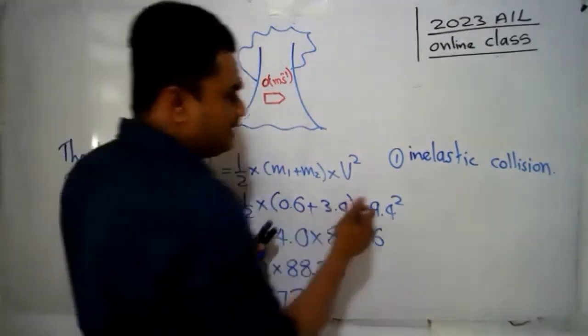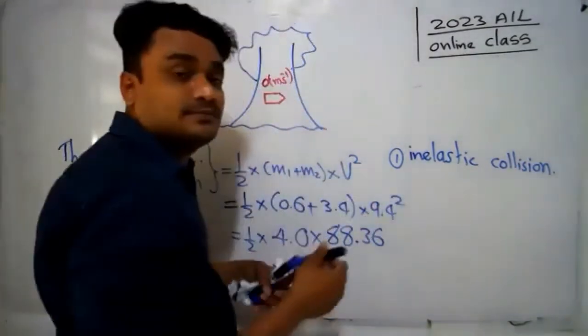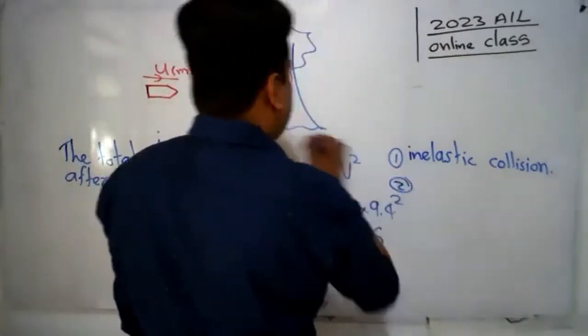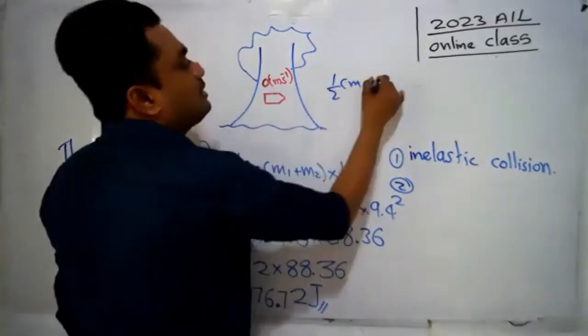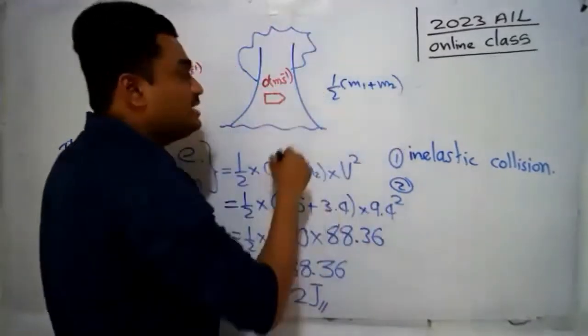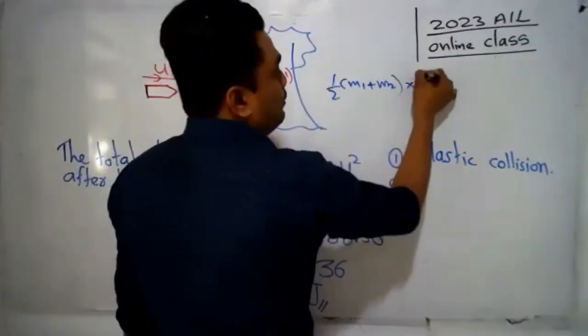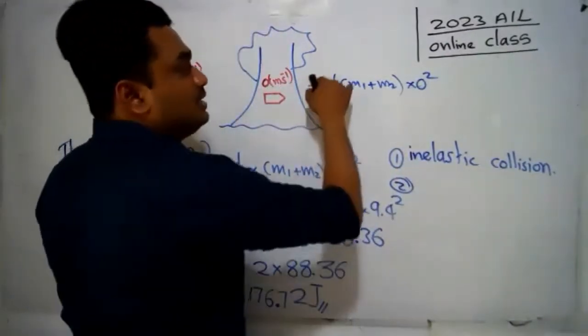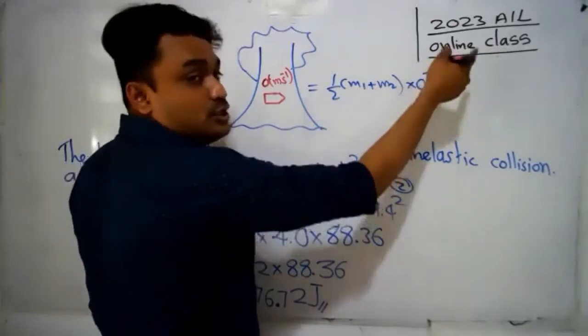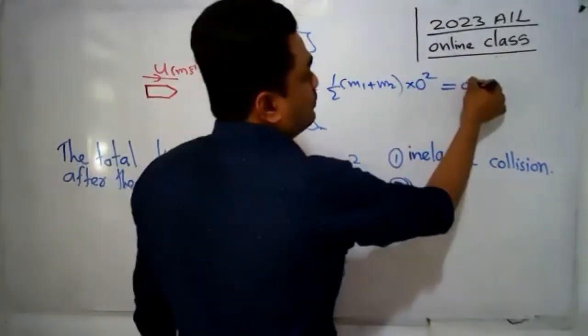Then what is the final kinetic energy of the system? Half, m1 mass of the bullet plus m2 mass of the tree, into the square of the velocity. Velocity is 0. So final total kinetic energy is equal to half into total mass into 0 square. 0 into anything is 0.